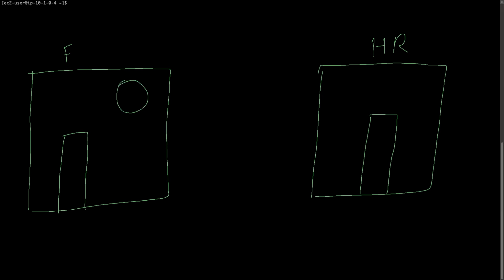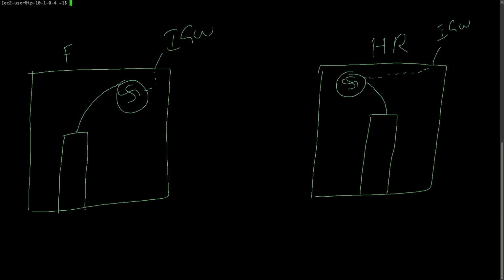We have one routing. Right, so we also have an internet gateway. We added this one and we added a rule. So here we also have an internet gateway. So this is the subnet associated with this route. And then we also added an internet gateway to this. I have a machine here and I have a machine here.